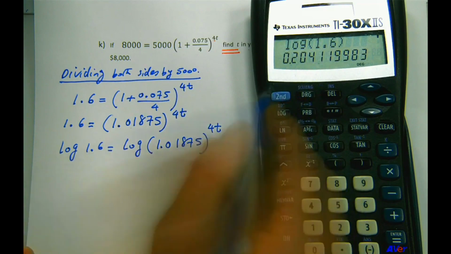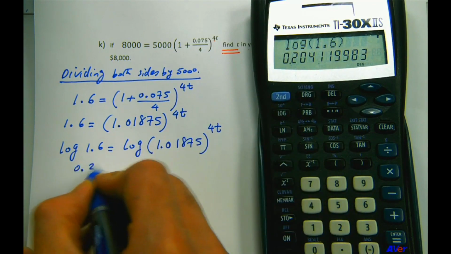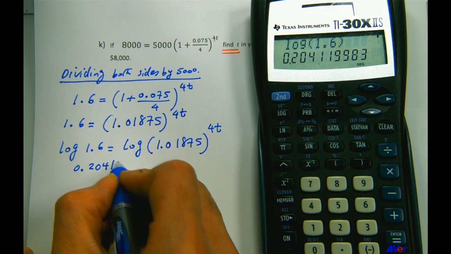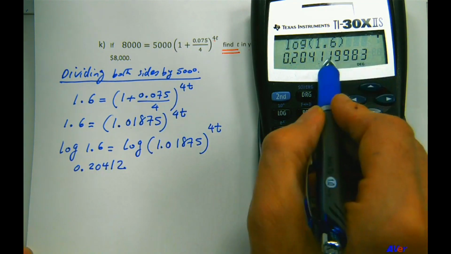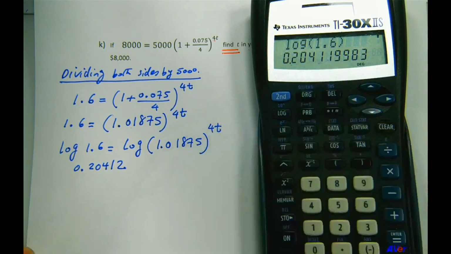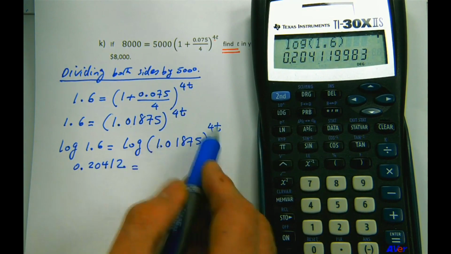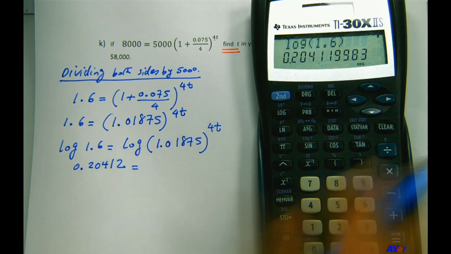So on the left, 0.20412. I rounded this one to 2 using that 9 that comes after it. So that's that. Equals, now that we have a log, we can bring this 4t down and in front.